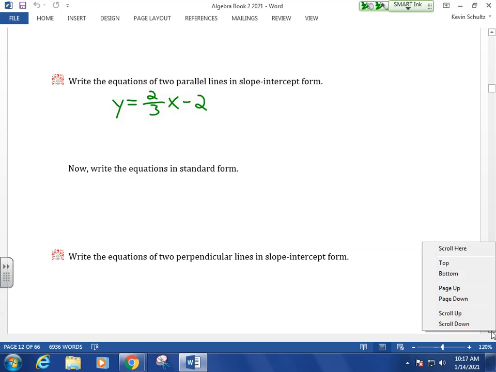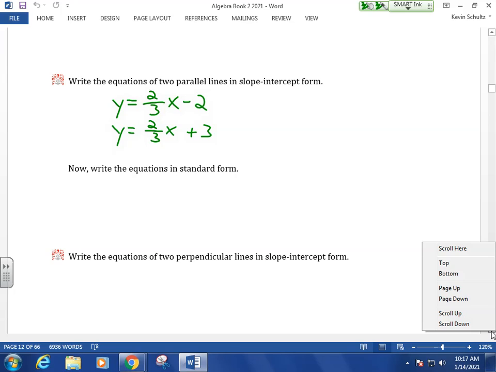Someone give me the equation of a line that's parallel to that one in slope-intercept form. Blake. Okay. So this first part, you can really just make up anything you want to, right? As long as the lines are parallel, as long as they have the same slope, that's what we're looking at.